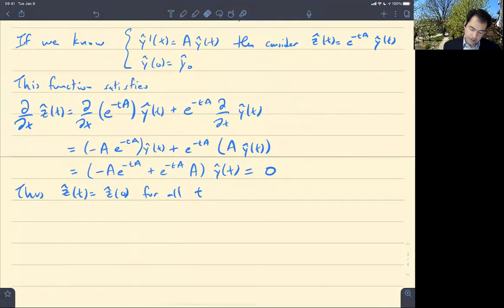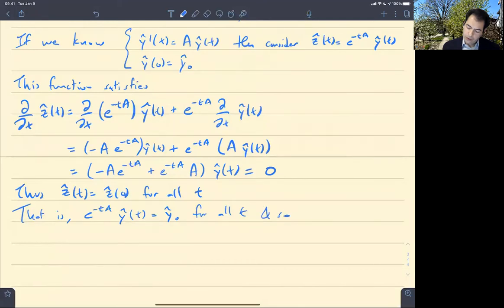So that is e to the minus ta y hat of t, and then c hat of 0 is equal to e to the 0, that's the identity, and then y hat of 0, so this is just y hat naught for all t.